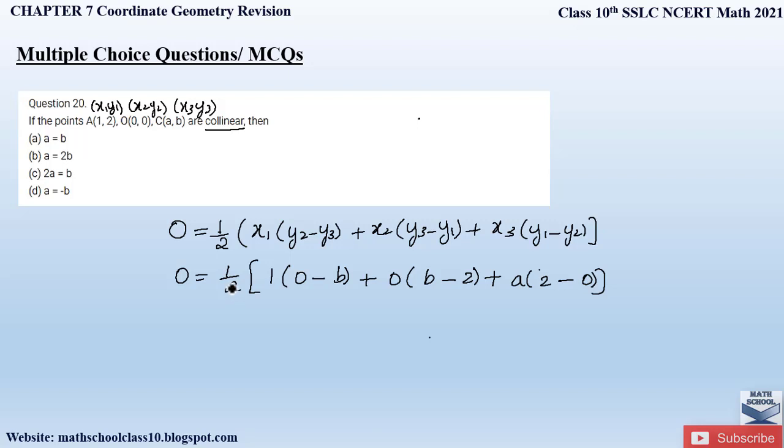If you send this 1 by 2 to left hand side, 0 into 1 by 2 will be 0, equal to, here we have 0 minus b, which is minus b into 1 will be minus b. So anything multiplied with 0 will be 0. So the second whole term gets cancelled. Then we have 2 minus 0 is 2. So 2 into a is plus 2a. Sending this b to left hand side, we get b is equal to 2a, right? So we got the relationship, that is our correct option is option B, where b is equal to 2a.